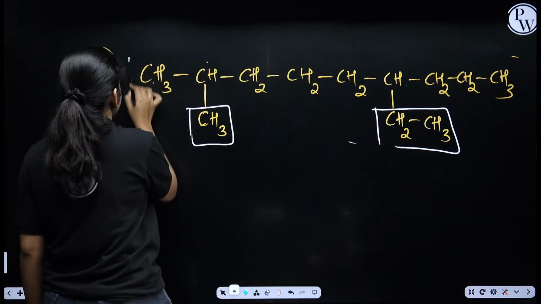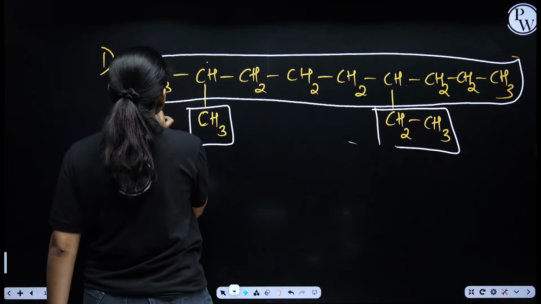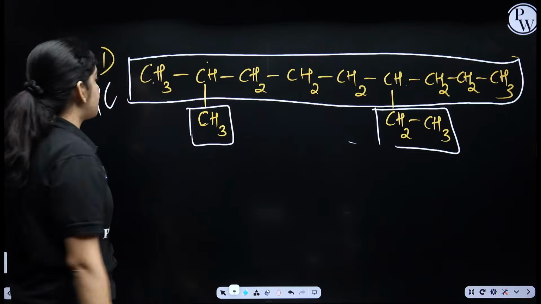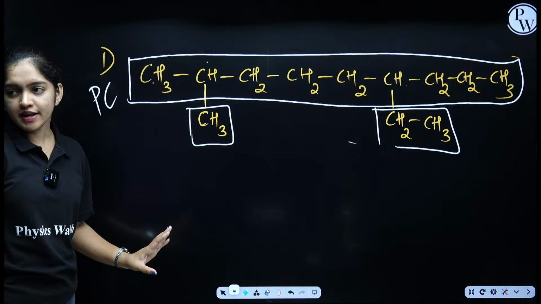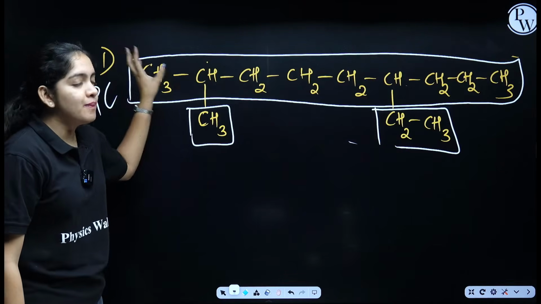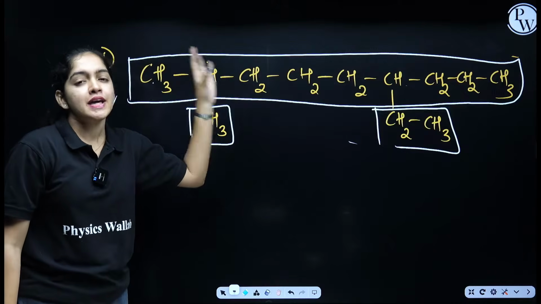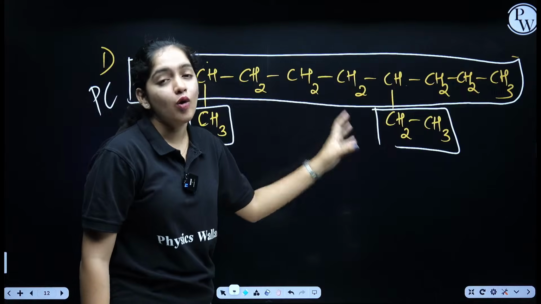And this is our PC. PC means the parent chain, the longest chain. Now we are going to give numbers from left to right and right to left, and while numbering, the branches should get the lowest number.